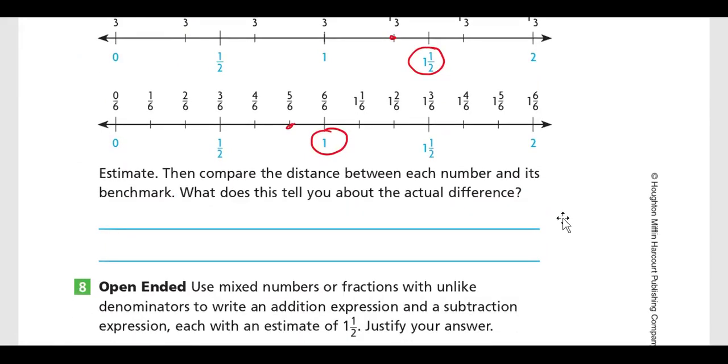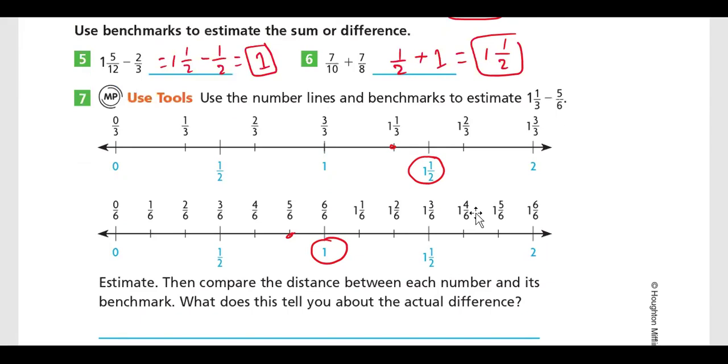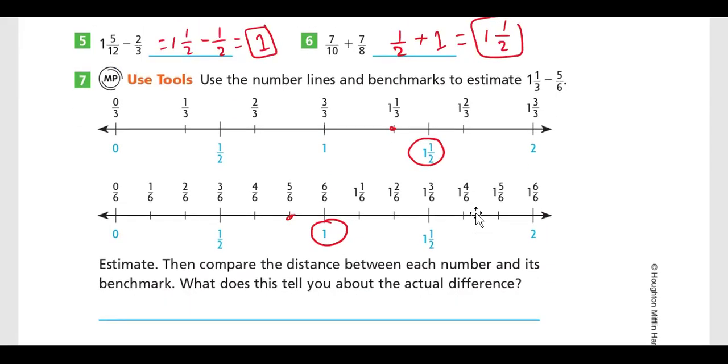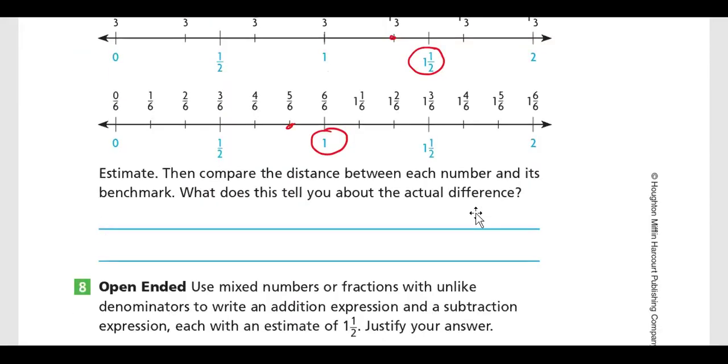then compare the distance between each number and its benchmark. What does this tell you about the actual distance? For the actual distance, we have to subtract these two numbers. But if we use the estimate, it said estimate first.